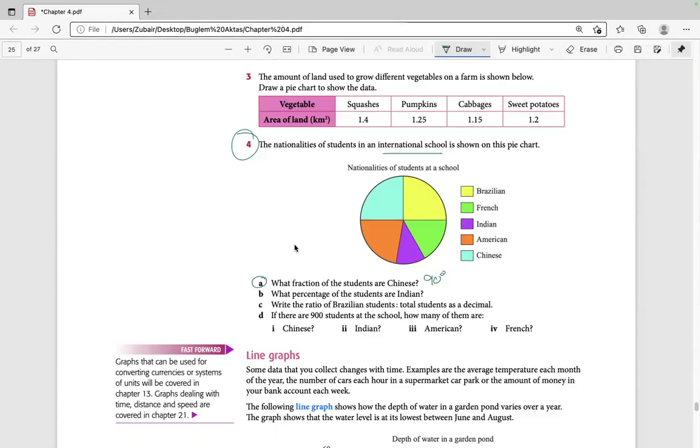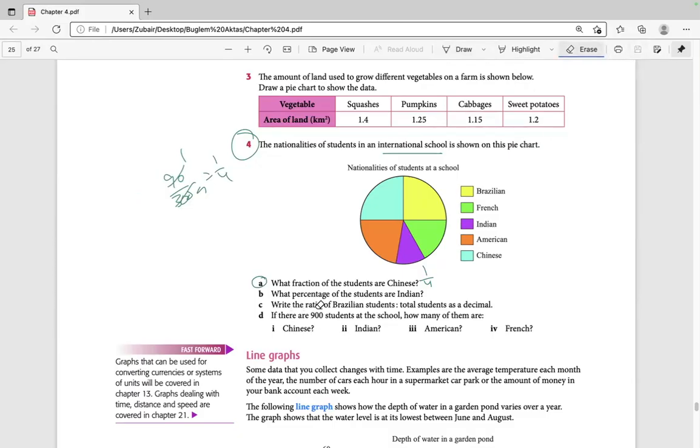We will use our protractor. For example, if this is 80, we'll do 80 by 360 and simplify, and that would be our answer. Here it is 1 by 4, because that's 90. So 90 by 360 is 1 by 4.